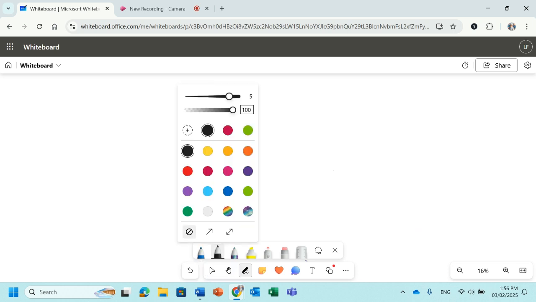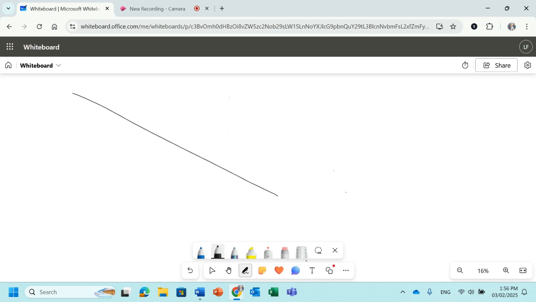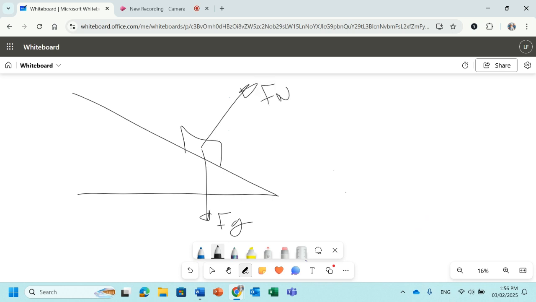So this here is the inclined surface. I have my object. First force, down, I have Fg, gravity. Normal force, perpendicular to the surface. Extend the normal force in this direction. Opposite to the normal force, I will have the component of the gravity or the weight of the object.